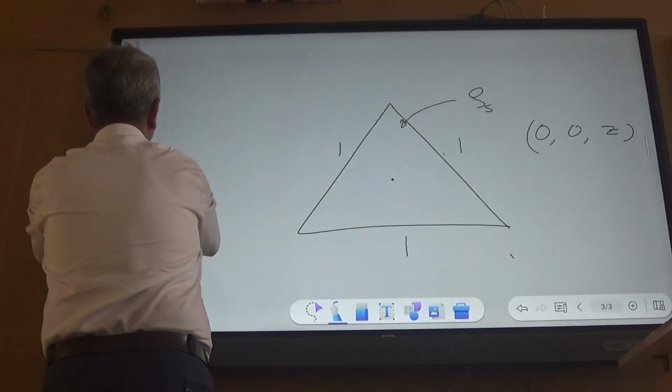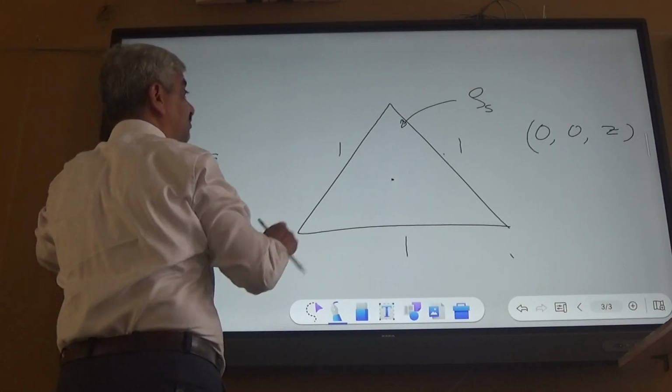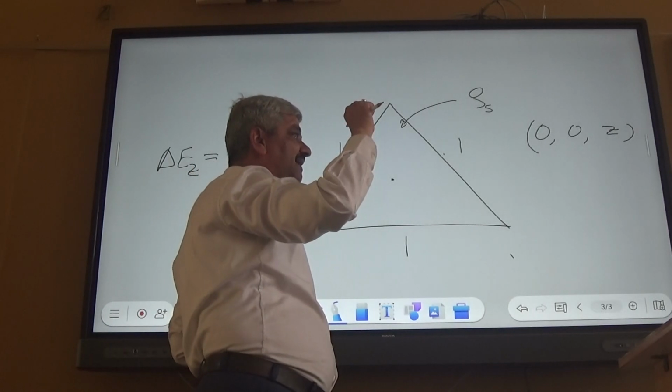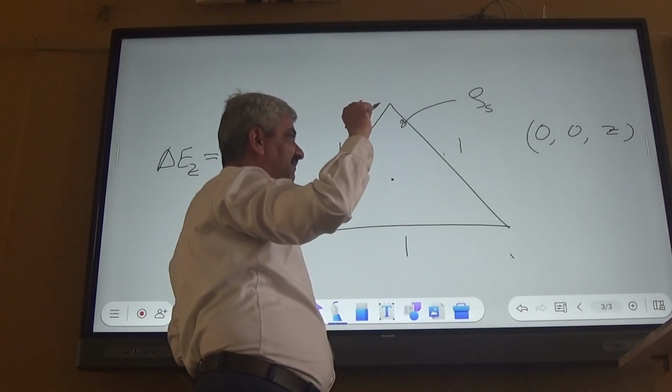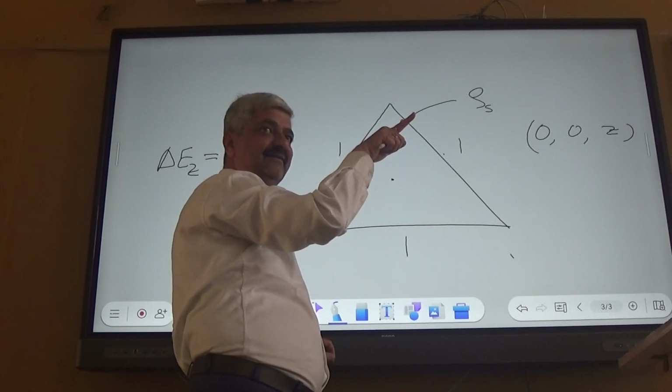Delta Ez. What would be mod delta E? The distance squared is x square plus y square plus z square.